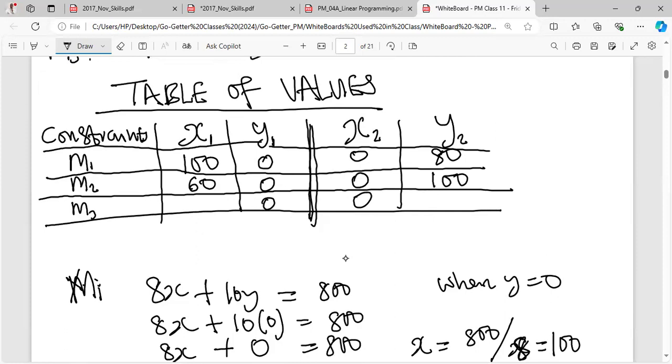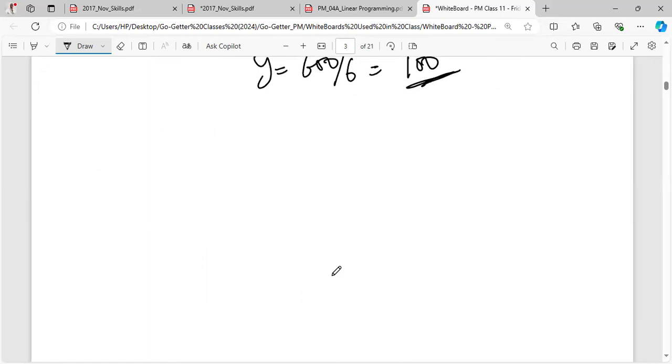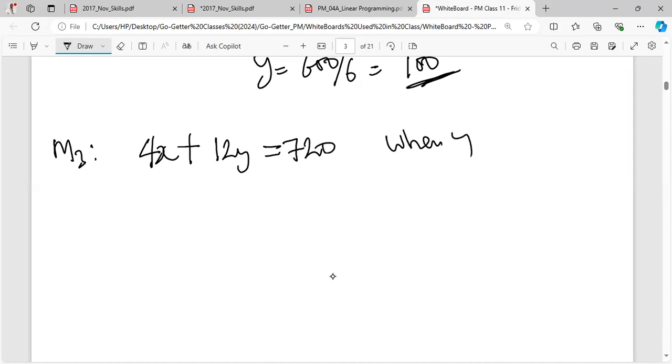We'll go to the third one, M3. So this is M3. Okay. M3 is 4x plus 12y equals 720. Now we are saying when y is equal to 0, we have 4x plus 12 times 0, which is 720.